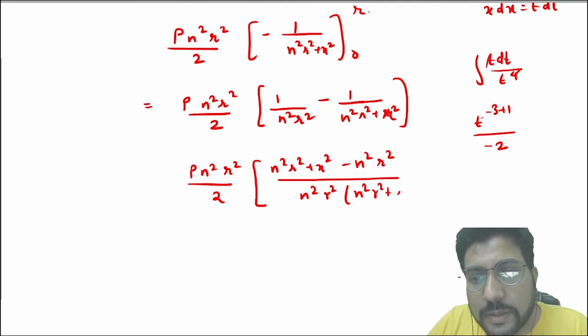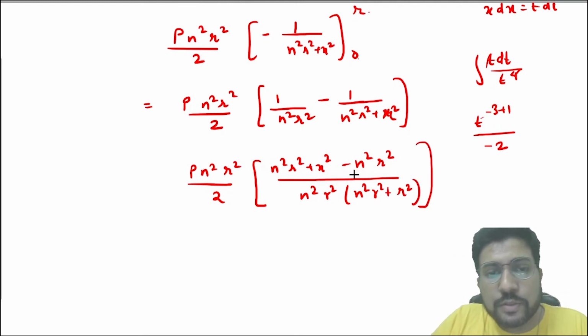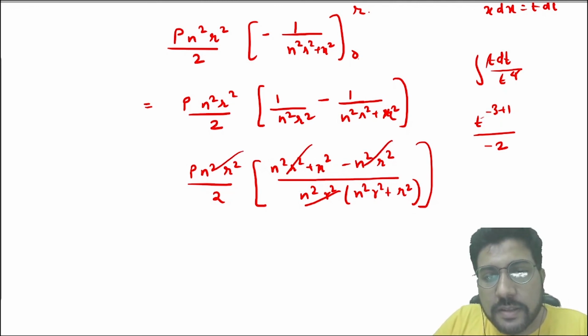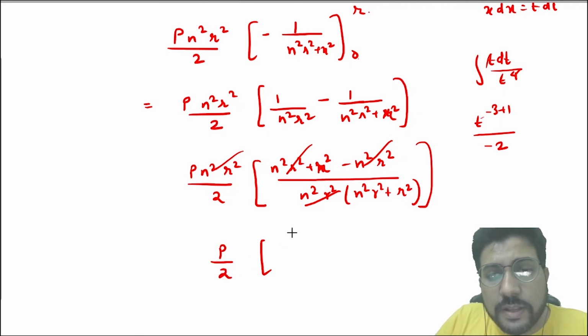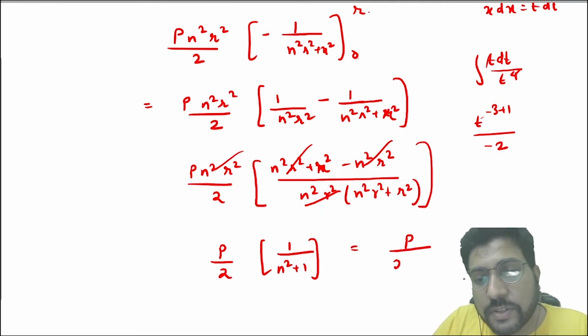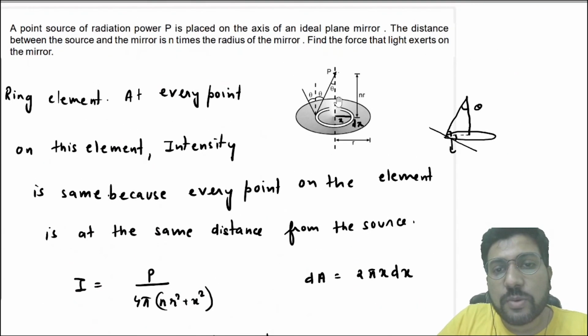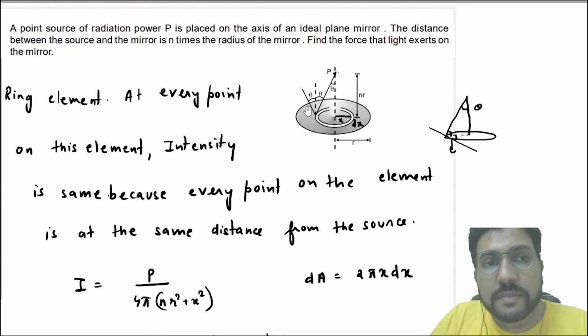So n square r square cancels, here also n square r square cancels. Okay, so from this you will say P by 2 into, if you take r square common, then this r square also cancels. P by 2 into 1 by (n square plus 1). This is the force exerted by this point source on this disk or this mirror, which is in the form of a disk of radius r.